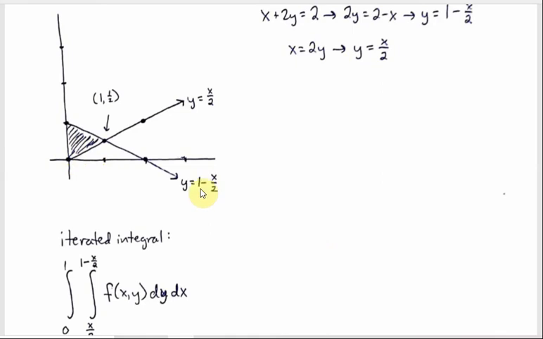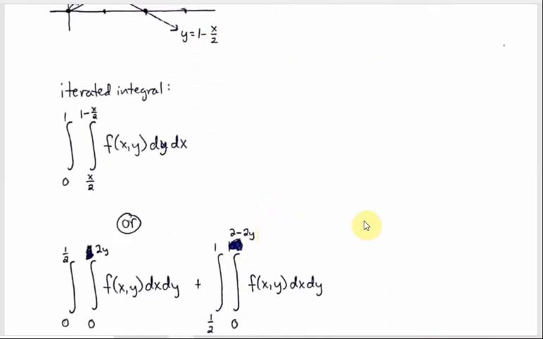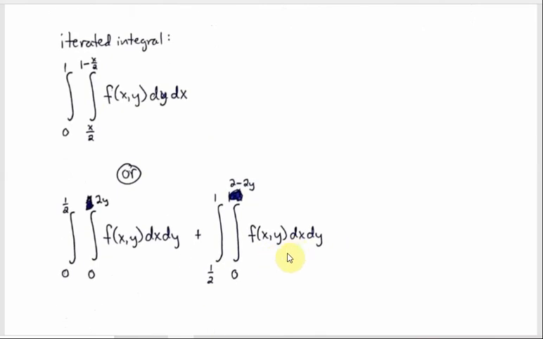And then when you do the top half, the y values go from 1/2 up to 1, and the thing that's on the right is this line, which is 2 minus 2y. So I've got the x values going from 0 to 2 minus 2y, and the y values 1/2 to 1. So it's the upper half of that rectangle.